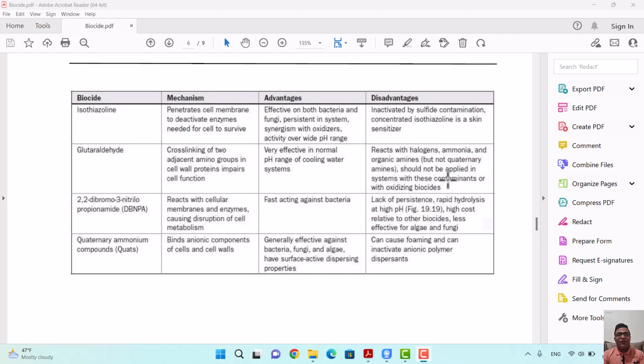We were talking about these matters, checking a lot of operating manuals and water treatment handbooks, and we came across the statement that if there are traces of ammonia or halogens in your system, it might not be active against the bacteria. We did some tests and found a high amount of ammonia in their systems, and because of the presence of that ammonia, glutaraldehyde was not a good choice of non-oxidizing biocide for that cooling water system.